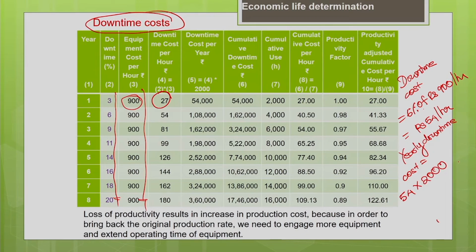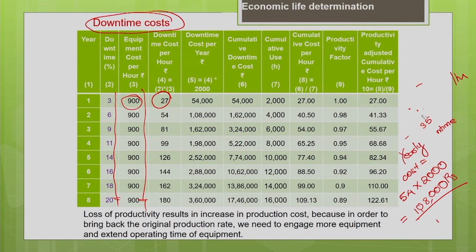The usage of the machine, yearly usage is 2000 hours. So 54 multiplied by 2000 gives you 1,08,000. So 1,08,000 rupees is your downtime cost for the second year. Similarly, you calculate the downtime cost for all the years for the entire life of the machine.